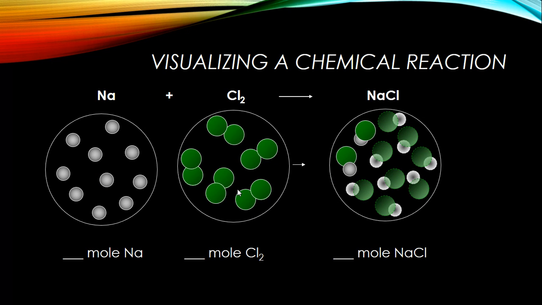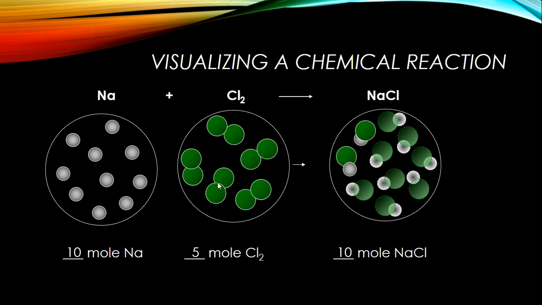If we're trying to think about a chemical reaction, we have sodium over here, we have chlorine atoms, and we're trying to make sodium chloride, or salt. So I have 10 little atoms of sodium, 5 particles of chlorine 2, right? If I'm counting them up, I want to know how many moles of sodium chloride I will make.